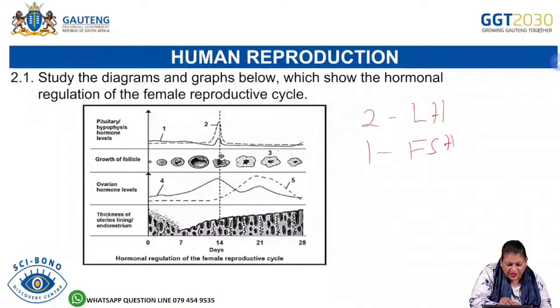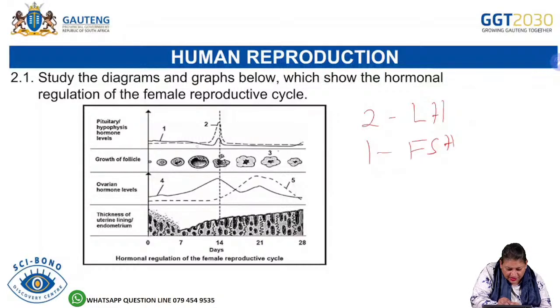Let's see if it's correct. As we see follicles are growing, can you see something is causing the development of the follicles? Who is that? That is FSH. And then just before the 14th day, the most mature follicle formed, which is the Graafian follicle. So it formed on the 13th day.